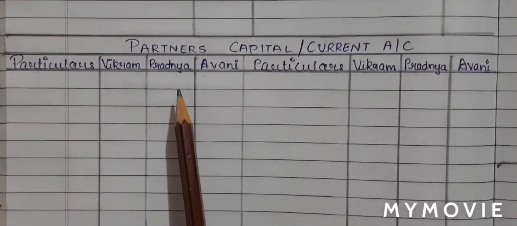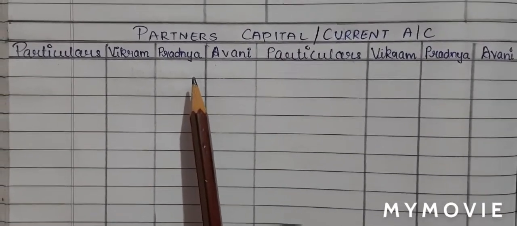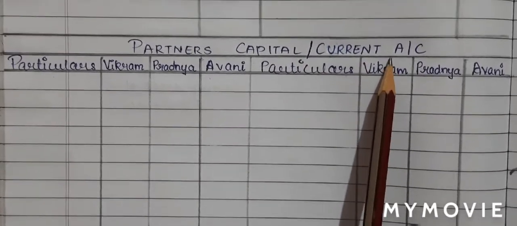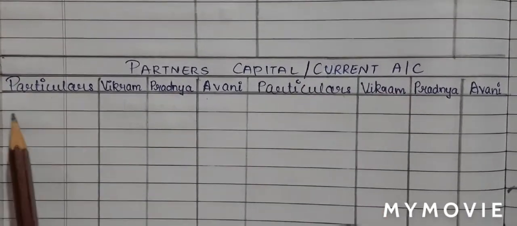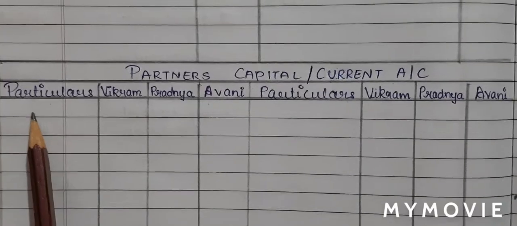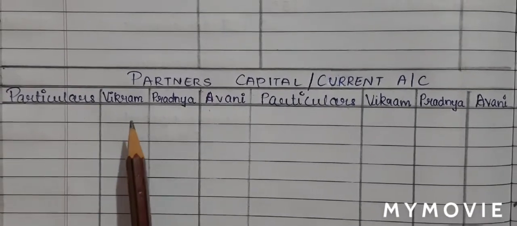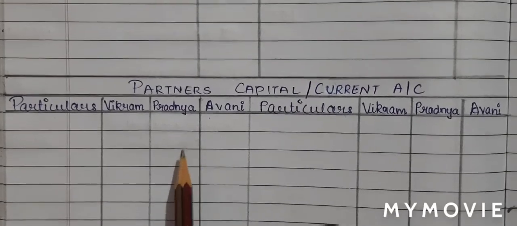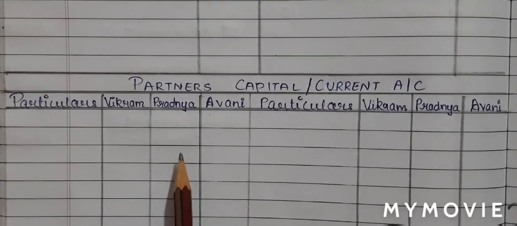The second account we will be preparing is partner's capital or current account. On the debit side, you will draw a particulars column and the amount columns will depend on the number of partners.